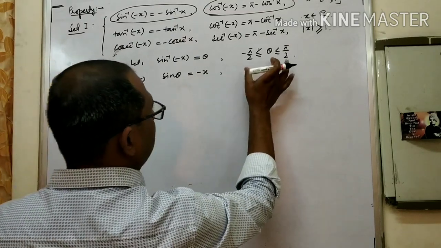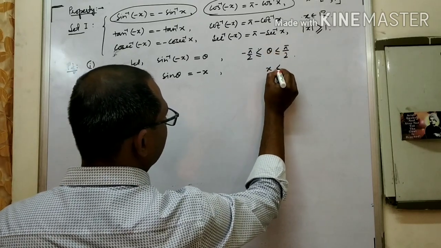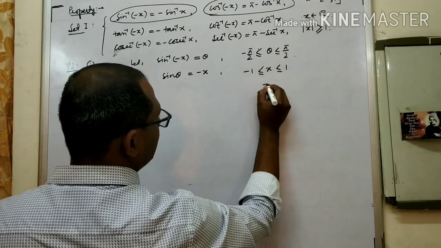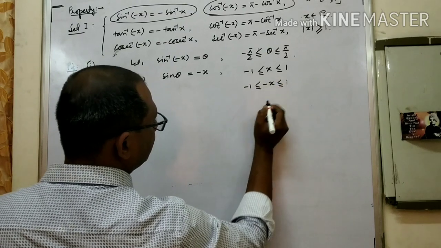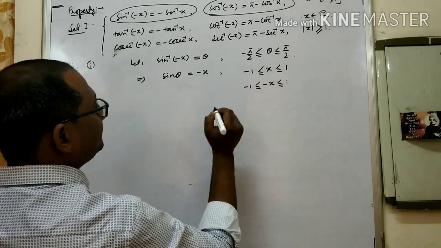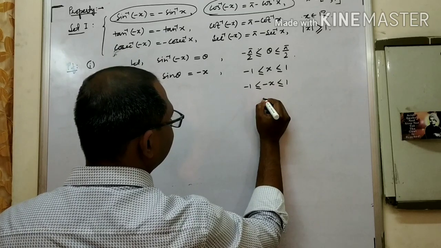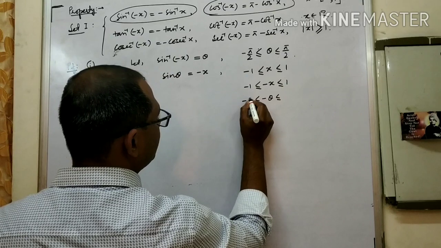Okay, now look, theta is lying between minus pi by 2 to pi by 2, so definitely x will lie between minus 1 and 1, and so minus x will lie between minus 1 and 1, and minus theta also will lie between minus pi by 2 to pi by 2.